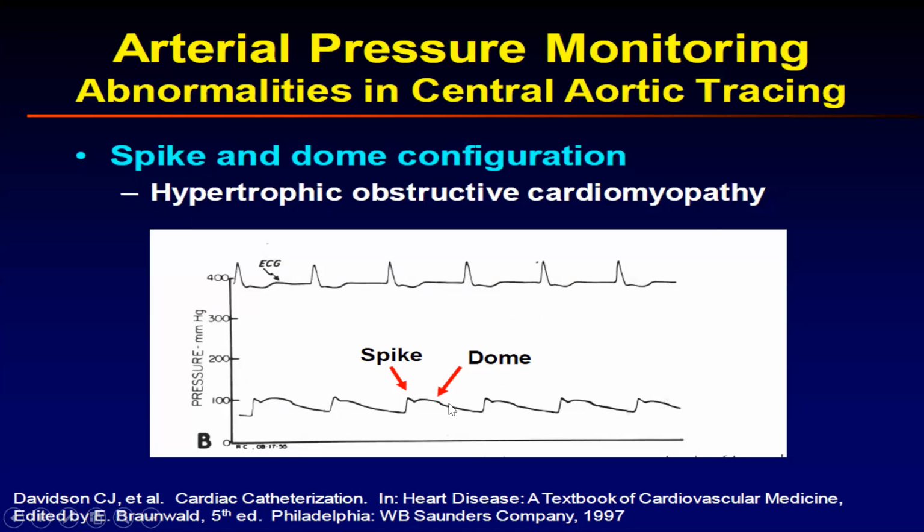Whenever you see an aortic systolic pressure that has a spike and dome configuration, you are actually having hypertrophic obstructive cardiomyopathy. Why do they have spike and dome? Because they have mid-systolic closure of the aortic valve when there is obstruction because of systolic anterior motion of the mitral valve. So if I were to show you this diagram, and ask you what is the spot diagnosis? You straight away know, there is a spike and dome pattern, so this might be hypertrophic obstructive cardiomyopathy.